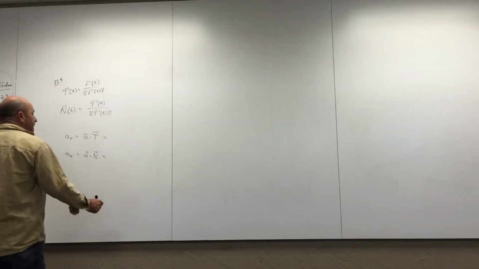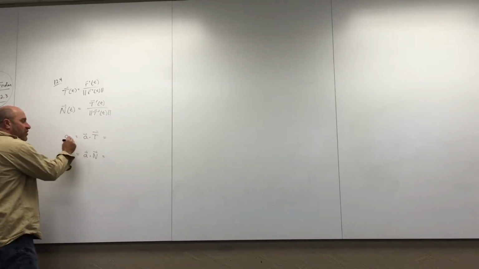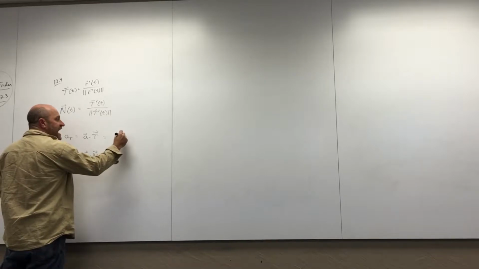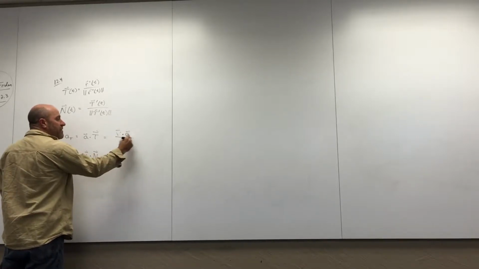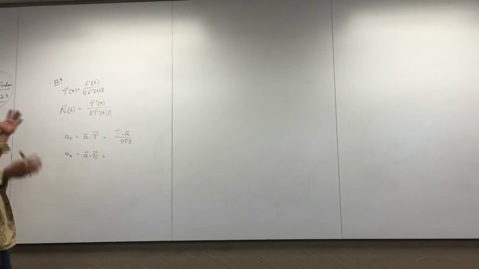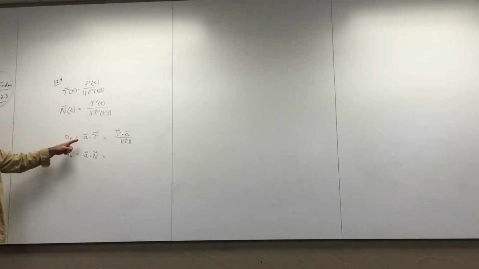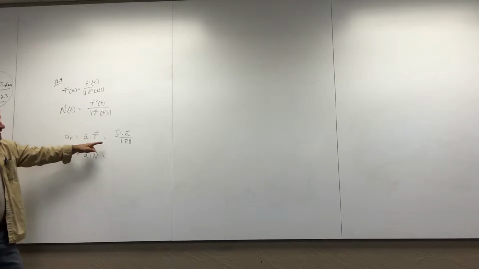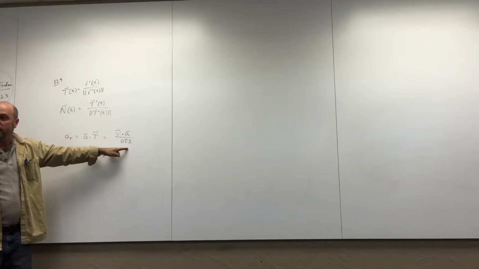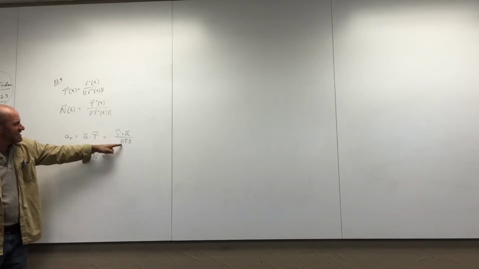But I can tell you this. Another way to get a sub T is v dot a over the magnitude of v. Now, I can't really see where that's coming from. Wait a minute, maybe I can. Isn't v just r prime? R prime over the magnitude of r prime, so isn't that just T?